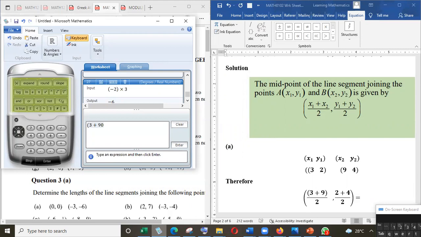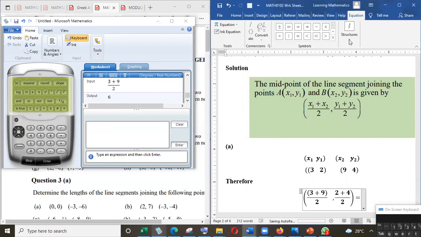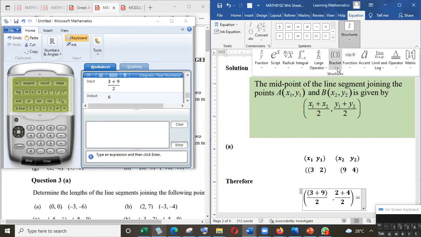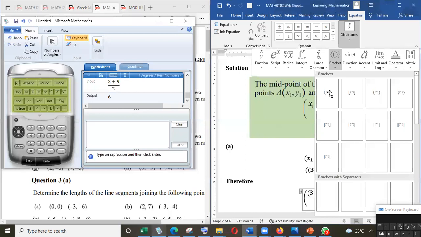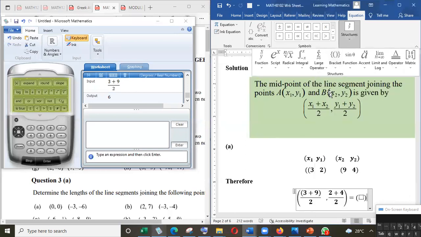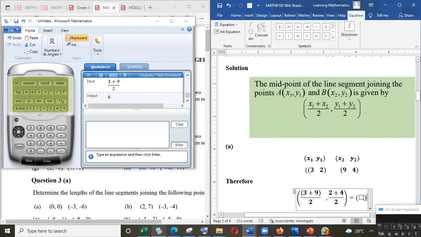Please make use of brackets when you are doing this, divided by 2, and that's 6. 3 plus 9 is 12 divided by 2 is 6.